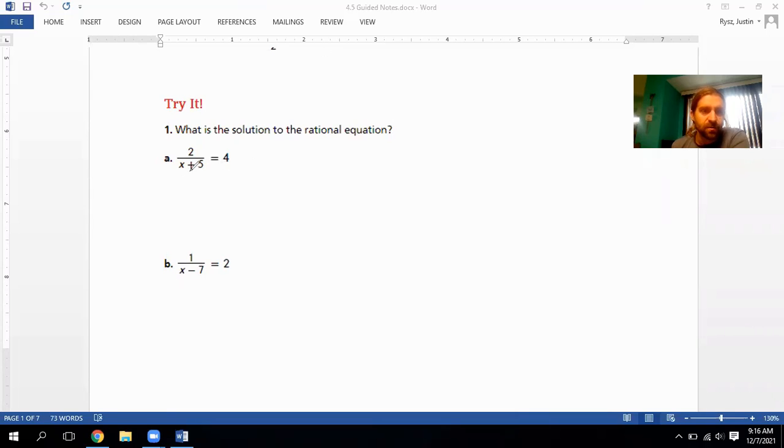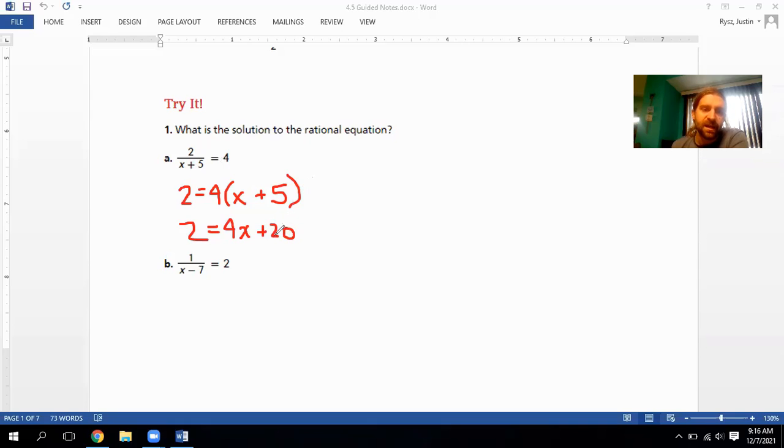Okay, so let's go through this first one here. We're going to multiply the other side by the x plus 5. So we get 2 equals 4 times x plus 5. We'll leave the 2 alone. We'll distribute the 4. So 4 times x is 4x. 4 times 5 is 20.